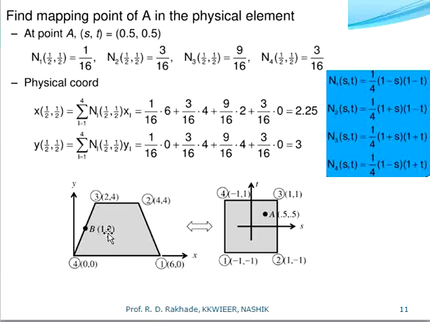This is our point A in the actual element. In this way we can determine the position of any given point on the local or actual element by using local coordinates, or on the natural or reference element.